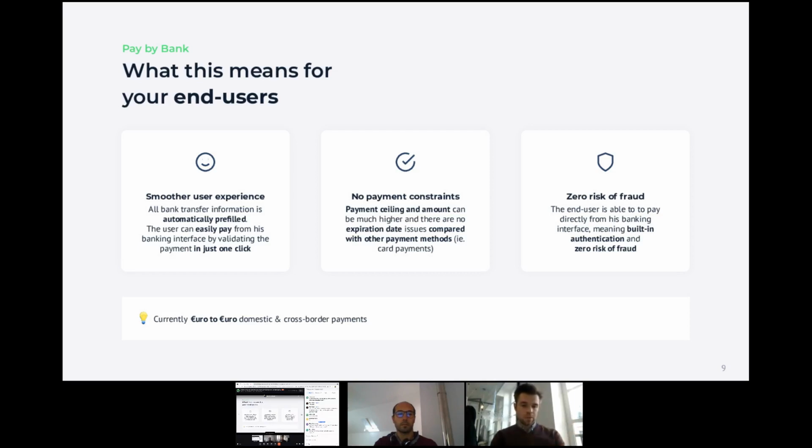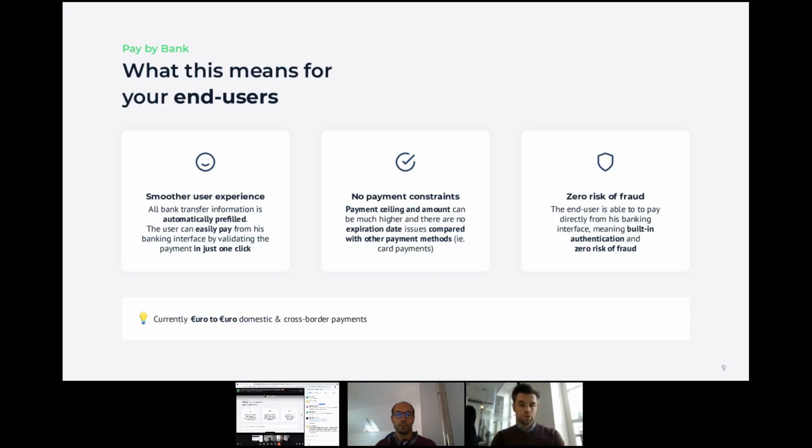The second element is that sometimes, as you may know, with cards, you have some challenges. Cards have a lot of plus points, but there are also a couple of challenges, one of them being the payment ceiling or the expiration date. Thus, with Pay by Bank, you can have a great UX while also having the benefits of the bank transfer.